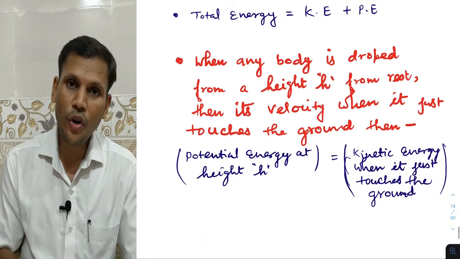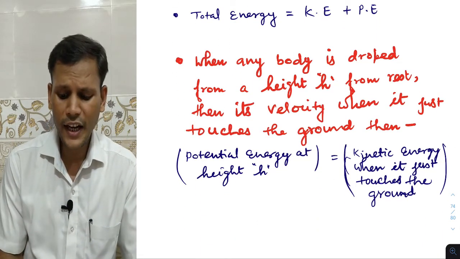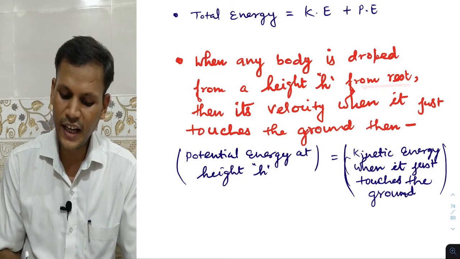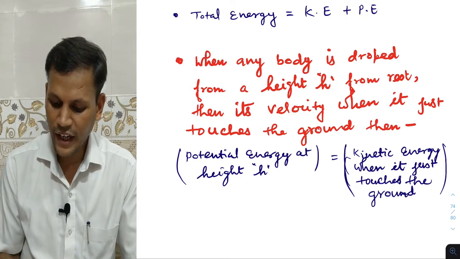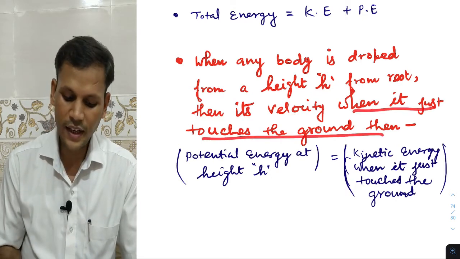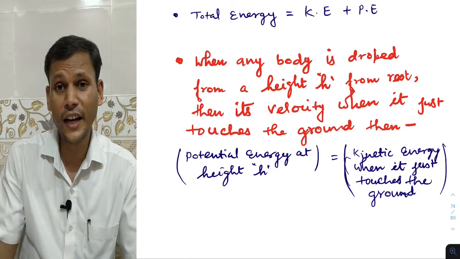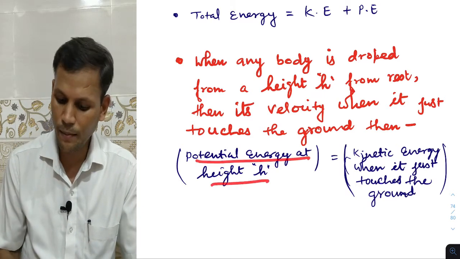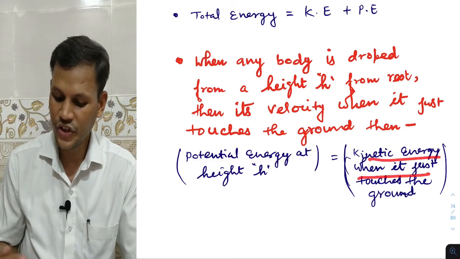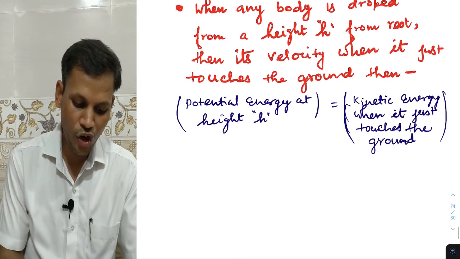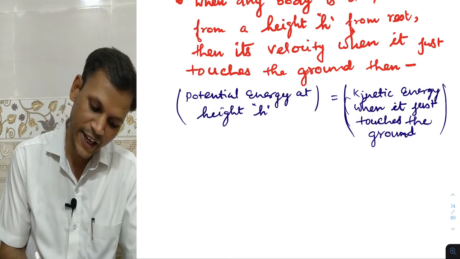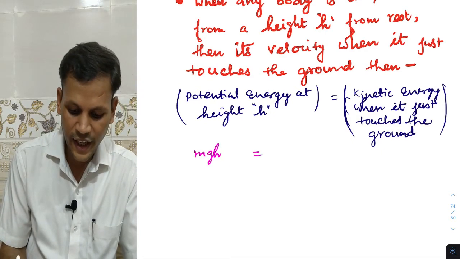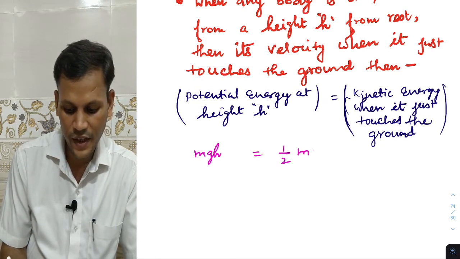Now one important note: when any body is dropped from height h from rest, then for the velocity when it just touches the ground, we can apply the concept that potential energy at height h will be kinetic energy when it touches the ground. Potential energy is mgh and kinetic energy is half mv square.